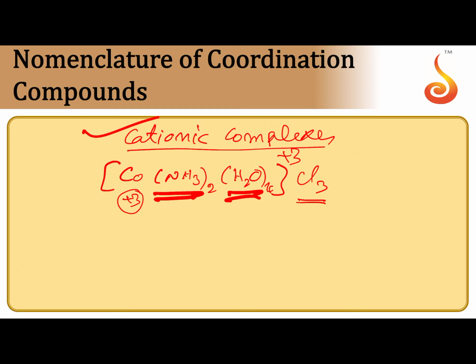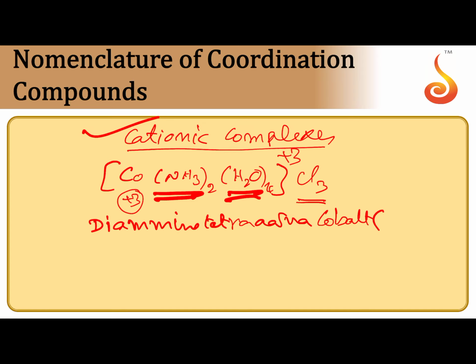First you write the names of ligands in alphabetical order by mentioning their number. So diammine, since two ammonia ligands are there. Four aqua, tetraaqua. In alphabetical order you have to arrange tetraaqua. After that the central metal atom is cobalt.